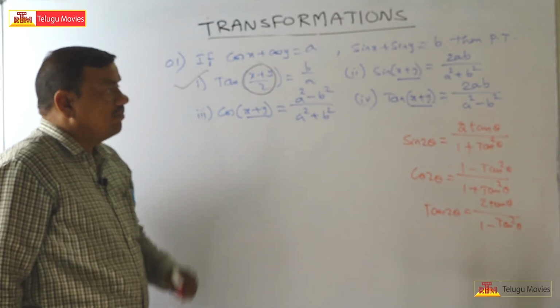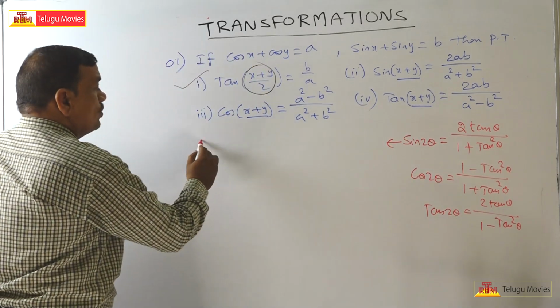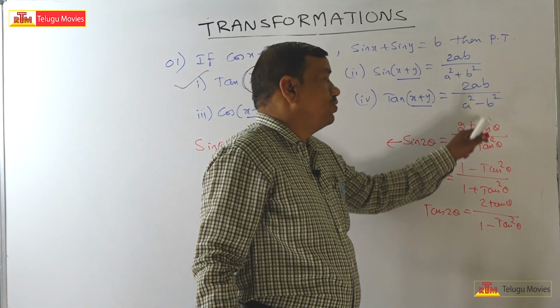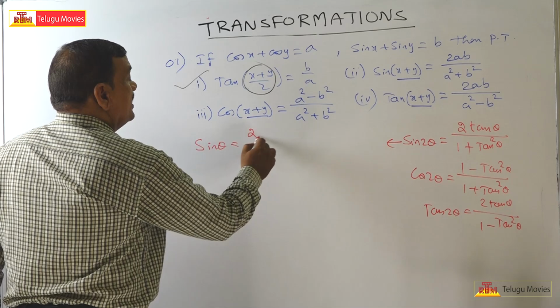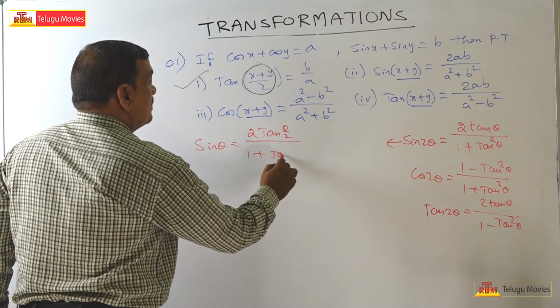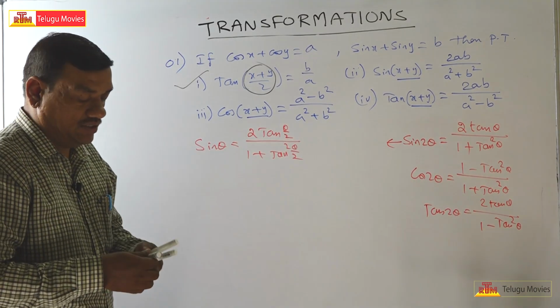This is the multiple angles. What about submultiple angles? If it is sin 2 theta, it is 2 tan theta upon 1 plus tan square theta. If it is sin theta, here we will get tan theta by 2 upon 1 plus tan square theta by 2. So that is your formula.